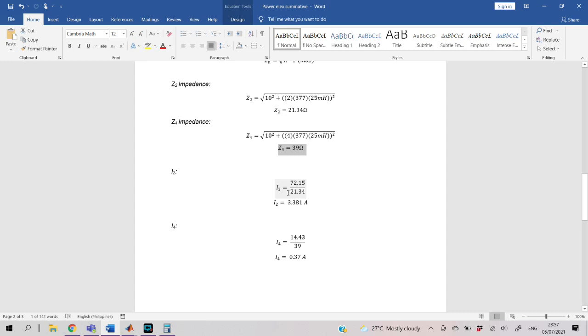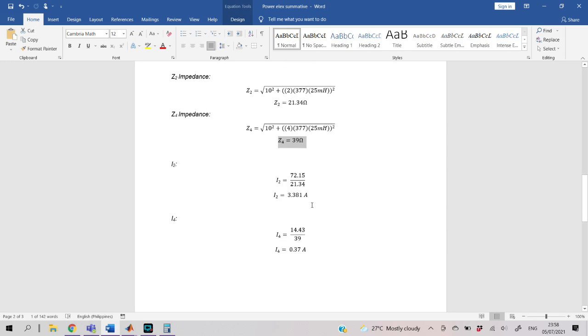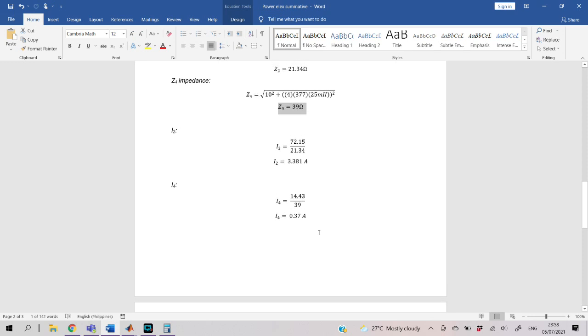For the second harmonic, the current is 72.15 divided by 21.34, which gives 3.381 amperes. For the fourth harmonic, we substitute V4, which is 14.43, and Z4, which is equal to 39. By computing it, we obtain 0.37 amperes.